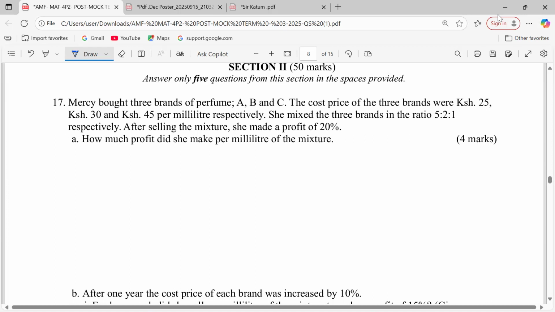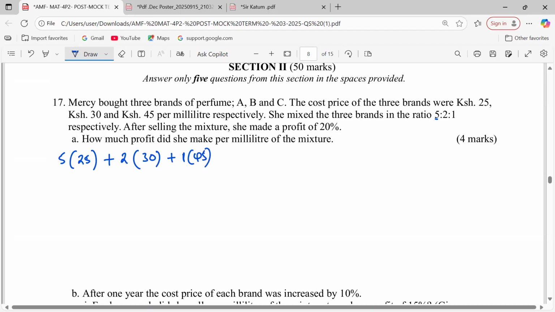Let's look at these. We're supposed to understand the cost of a millimeter of this particular mixture, whereby 5 proportions are for brand A. So 5 proportions, each 25, then 2 proportions, each costing 30, and 1 proportion, each costing 45.